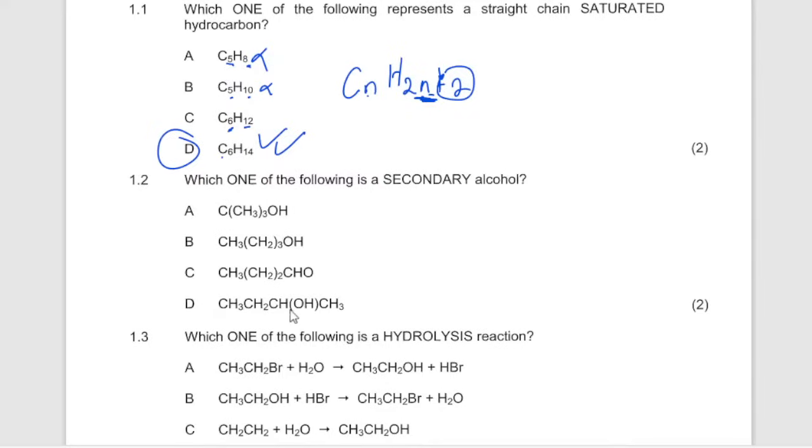They're saying secondary. Because there is no hydrogen here, it shows that this is here on top. So if you draw the structural formula, you see that this carbon has this side and also has this carbon which is attached to the carbon atom with a functional group. So D becomes the most correct answer.